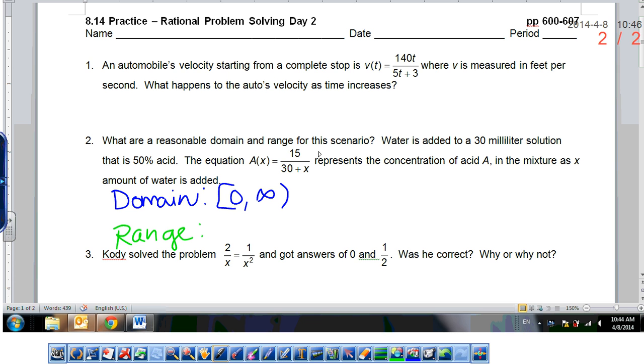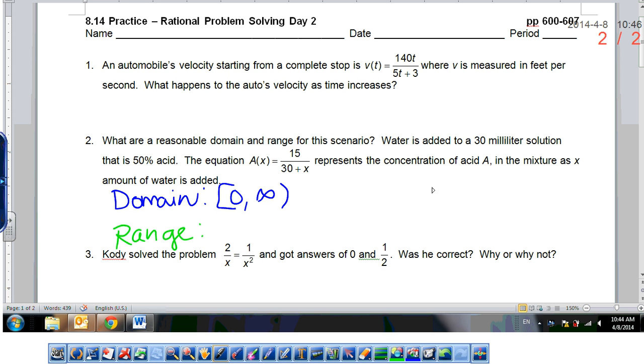Okay, I want you to think about this. If I plug in 0 for x, if I add no water, what's the acidity? 1/2 or 50%, right? As I add more water, what happens to the acidity? It goes down. It gets less. Does everyone see that?